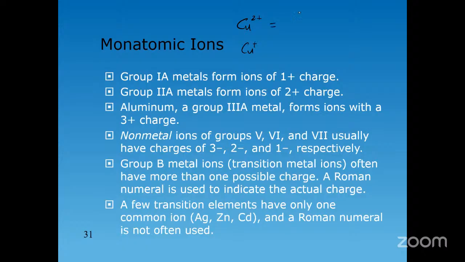So the name of this ion, according to the rules, would be copper(II), Roman numerals in parentheses. And then the name of this ion would be copper(I), again, Roman numerals in parentheses, all right? So that's how we distinguish between those two ions, even though they're formed from the same element.